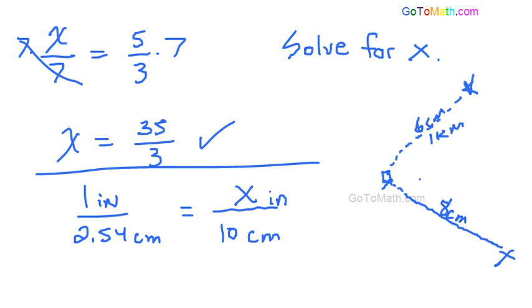So this would be 1 kilometer over 6 centimeters is equal to... you knew this was 8 centimeters, but you didn't know what the distance was in the real world, and so that was your x.